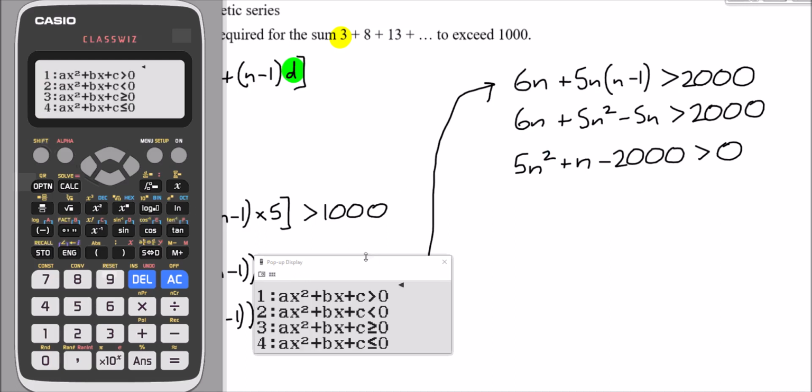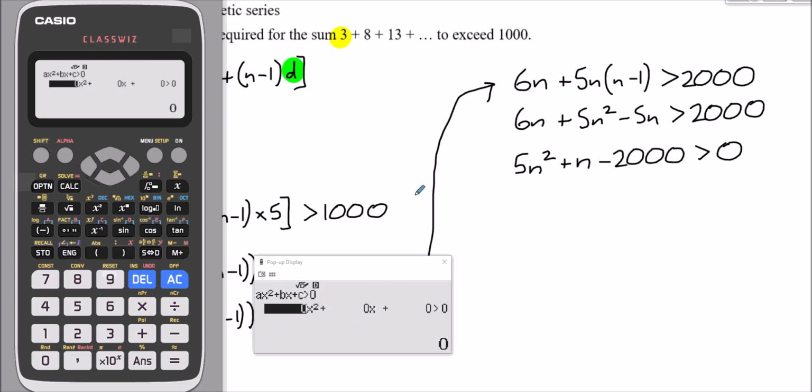We want the quadratic stuff to be greater than 0, so we want option 1. How many n squareds do we have? We've got 5n squared, we've got 1n, then minus 2000. Press equals, then equals again to bang it in.